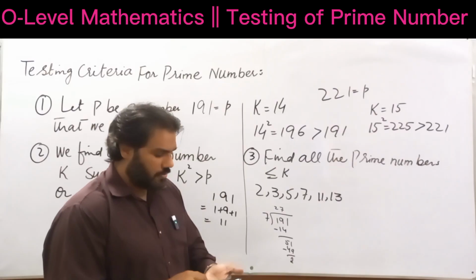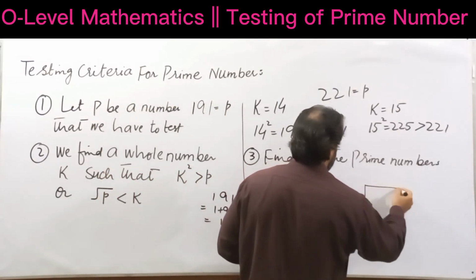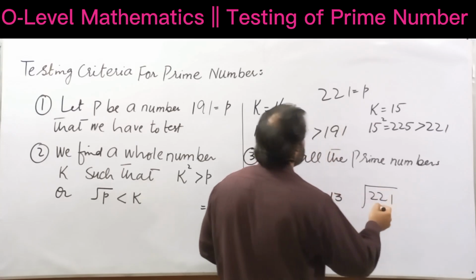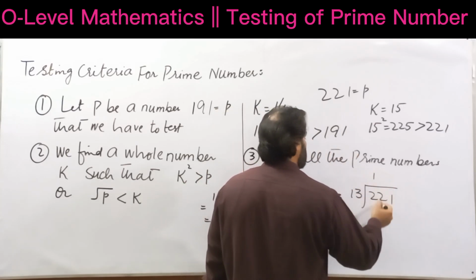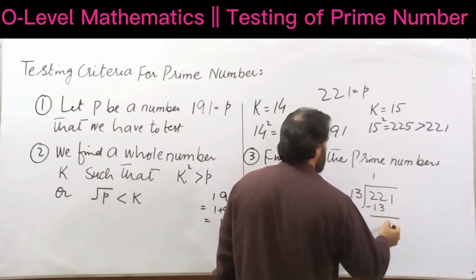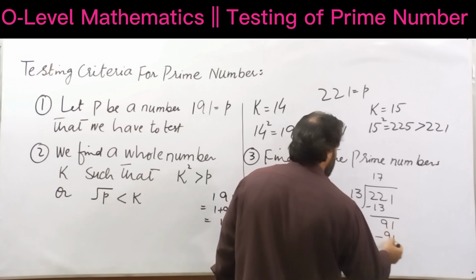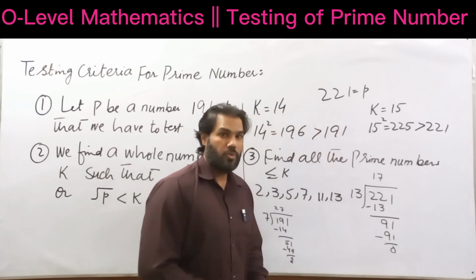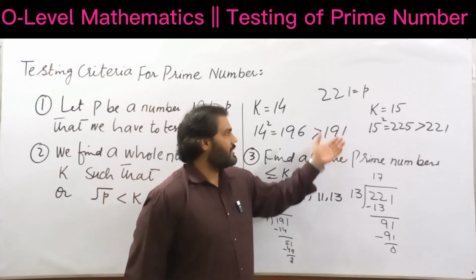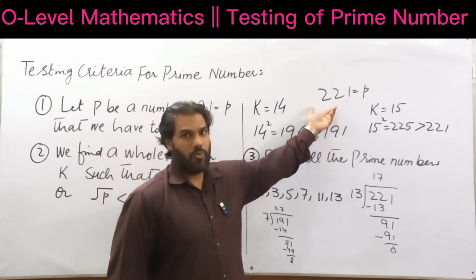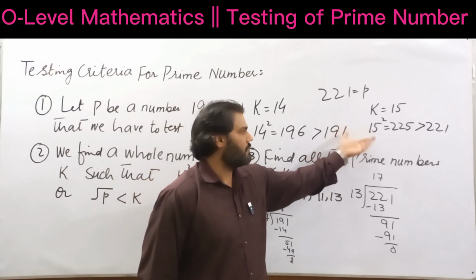Finally, if you divide this number by 13, 13 ones are 13, remainder is 9, bring down 1 to get 91, 13 sevens are 91, remainder is 0. So this number is completely divisible by 13. So we can say that 221 is not a prime number because it is divisible by the prime number 13, which is less than 15.